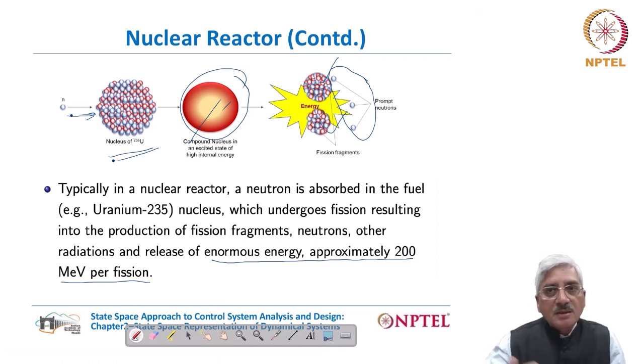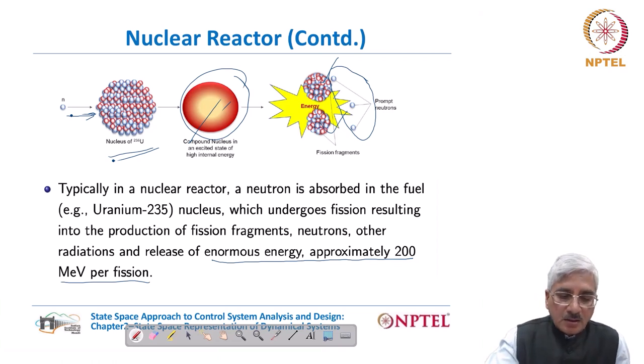With 10 to the power 10, 10 to the power 15 fission events taking place, you can imagine a huge amount of fission energy is liberated in a nuclear reactor. Control is to be able to maintain the rate of fission, thereby the operating power of a nuclear reactor.